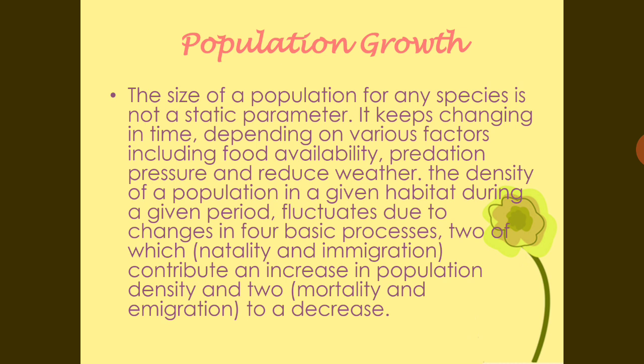Natality is the number of births during the given period in the population that are added to the initial density. Mortality is the number of deaths in the population during a given period. Immigration is the number of individuals of the same species that come into the habitat from elsewhere during the time period under consideration.